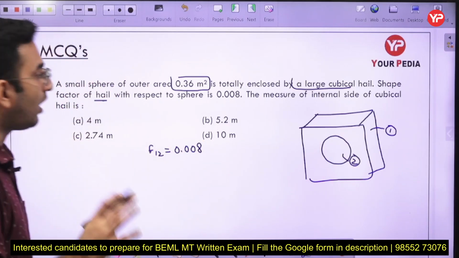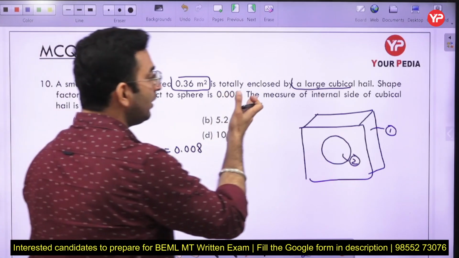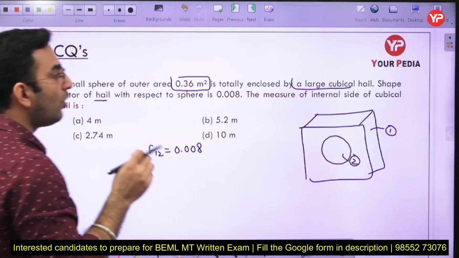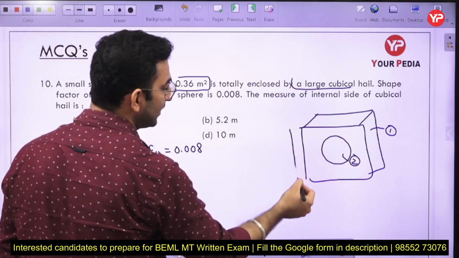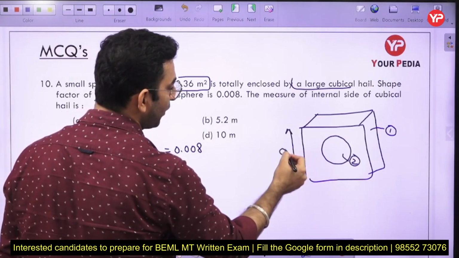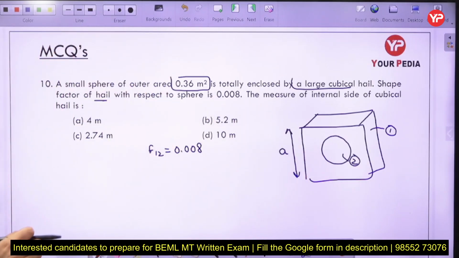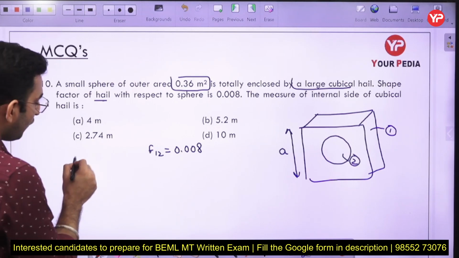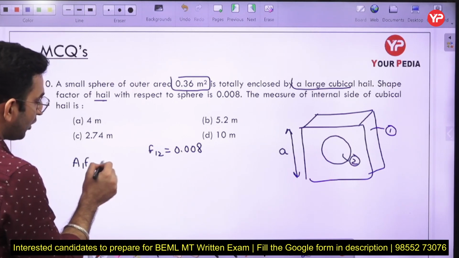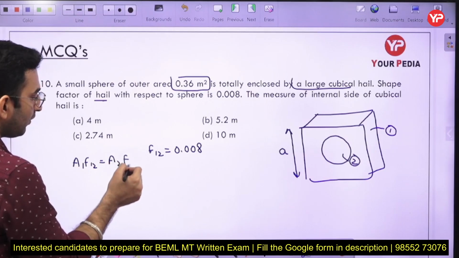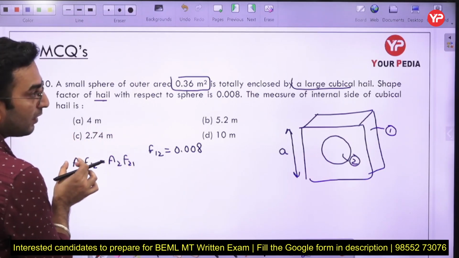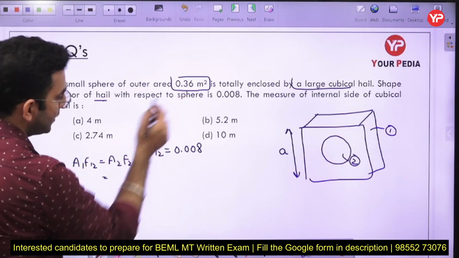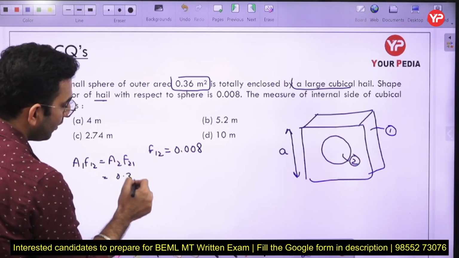Now the next thing we have to find is the measure of the internal side of the cubical hall. So we have to find out this particular dimension. How can we solve that? We have to use the reciprocity relation. So I can say A1 F12 is equal to A2 F21. Now area 2 is given as 0.36 meter square.